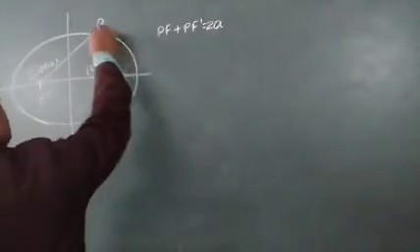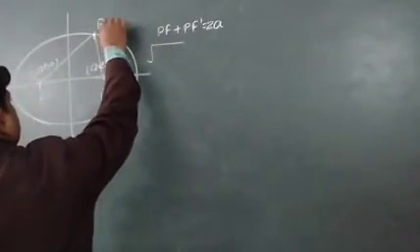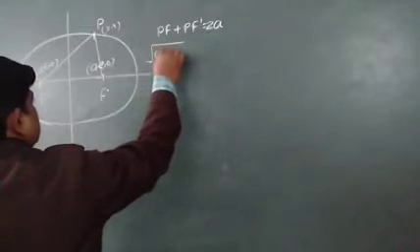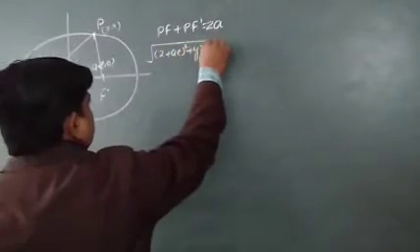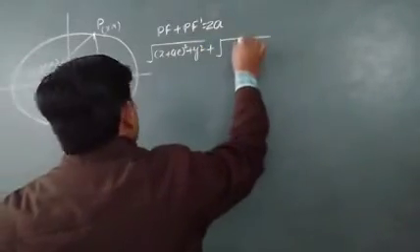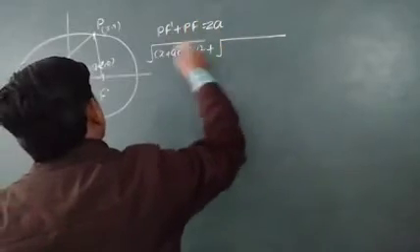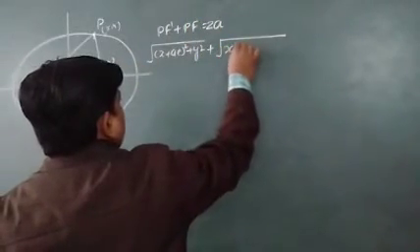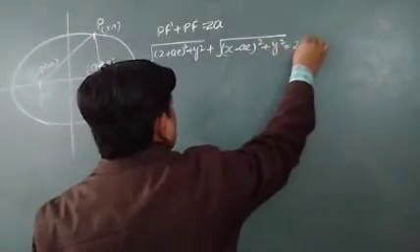Here students, PF can be written as under root, if I am taking P as (x, y), (x plus a) the whole square plus y square. PF can be written as under root (x minus a) the whole square plus y square, is equal to 2a.